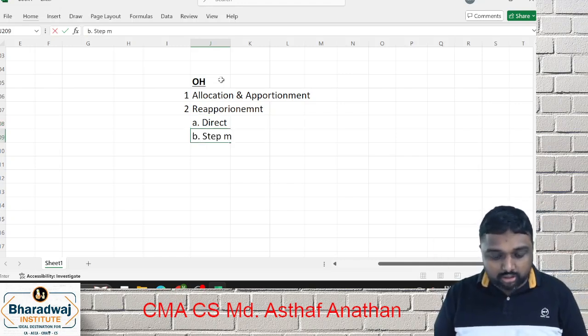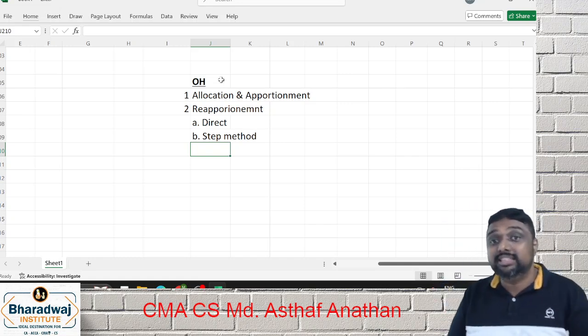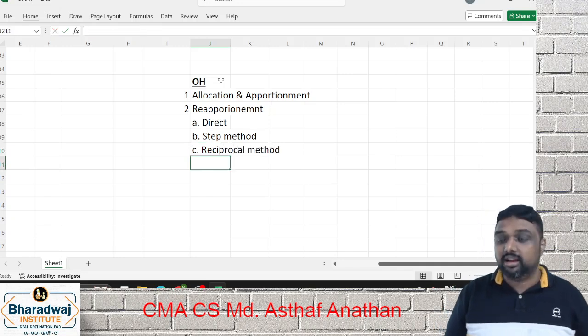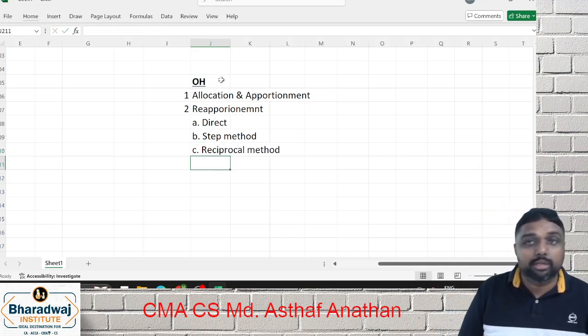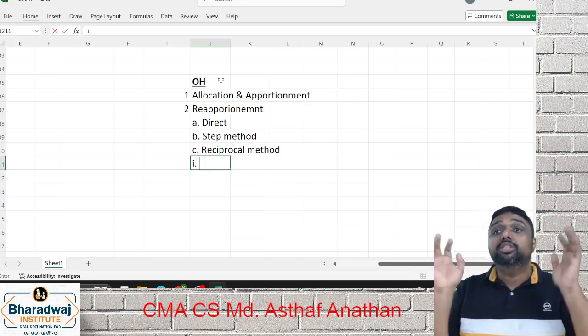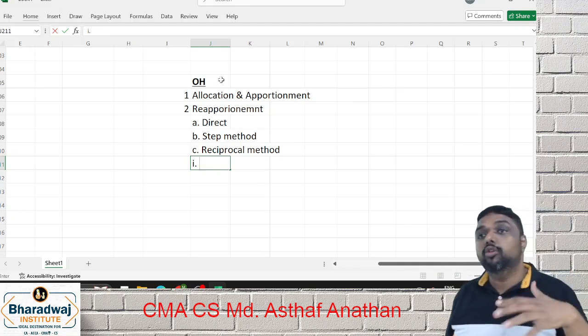Next is the step method, which is not relevant for the exam. You give to one department, but you don't receive from it. The next method, relevant for the exam, is the reciprocal method. In the reciprocal method, we have three methods. If the question specifically asks for any method, then you have to do that method. Otherwise, you can do your own method.